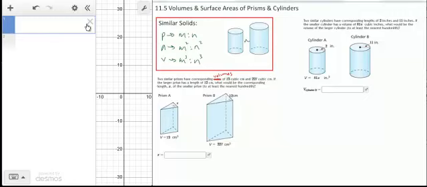All right, so there's a couple different types of questions that you might be asked here. One is if you're being told that these are similar solids, and you can see just from looking at these that they have a ratio of given parts, right? 2 to 11. The ratio of their parts are one-dimensional.